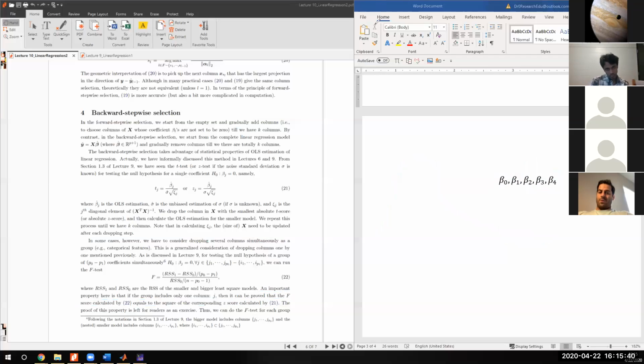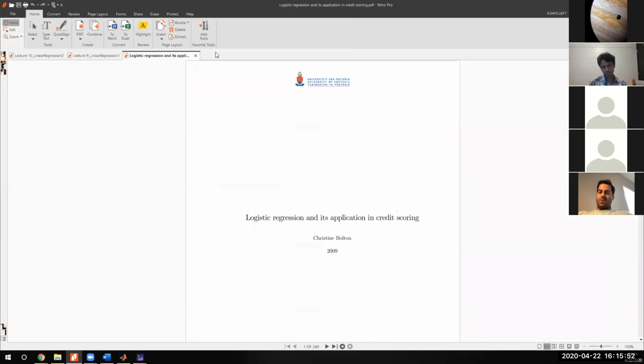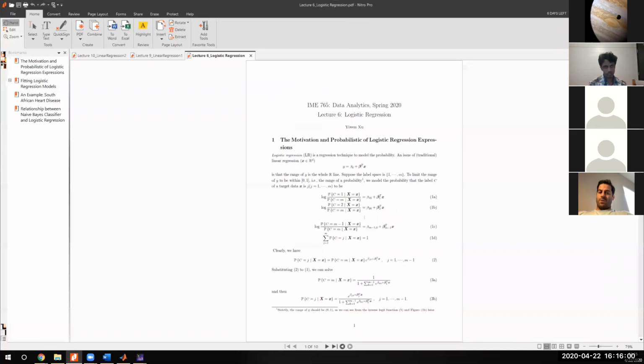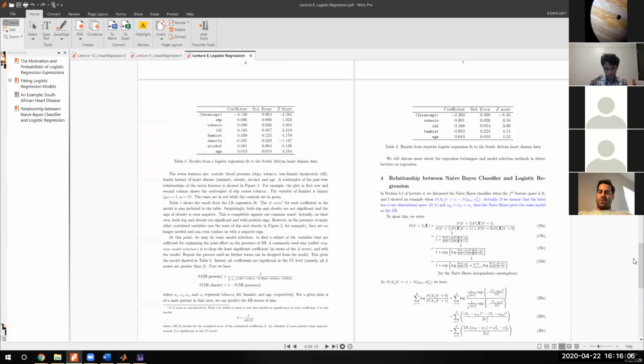And actually, we already informally introduced it in lecture 9, and especially in lecture 6, I think. Logistic regression here. No, not this one. This is one of my references. Where's my logistic regression? Let me see. And this South Africa heart disease example is exactly the method that we're using.